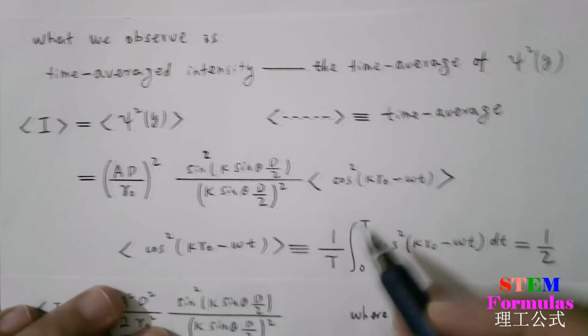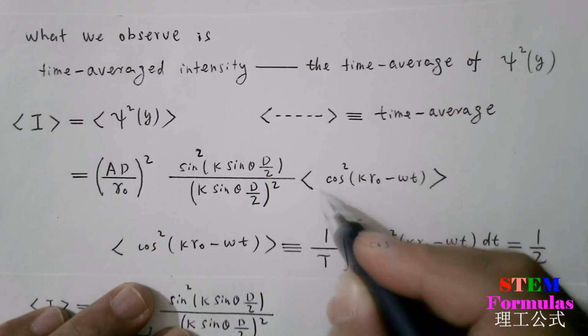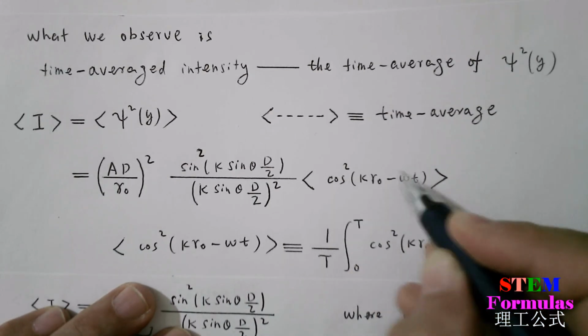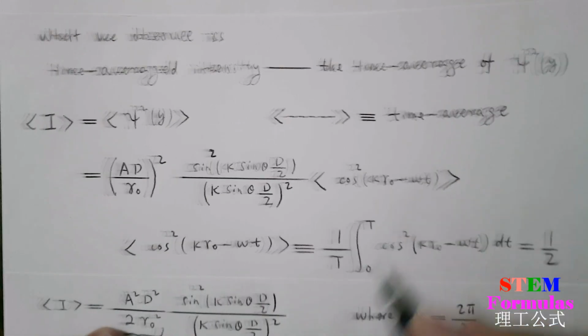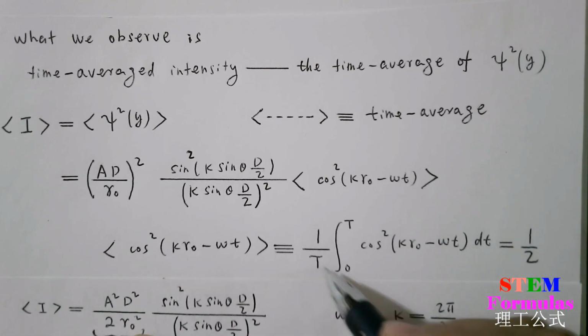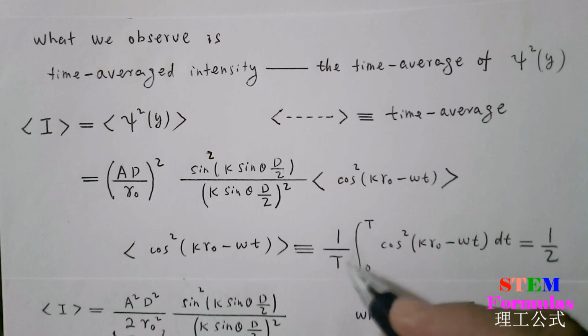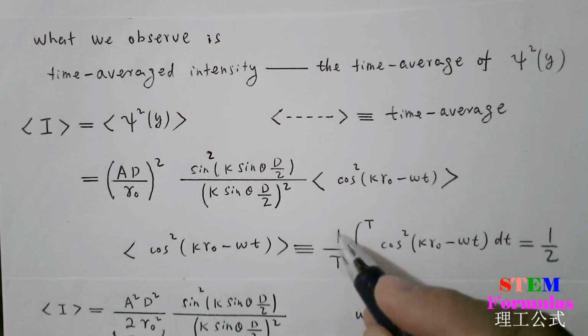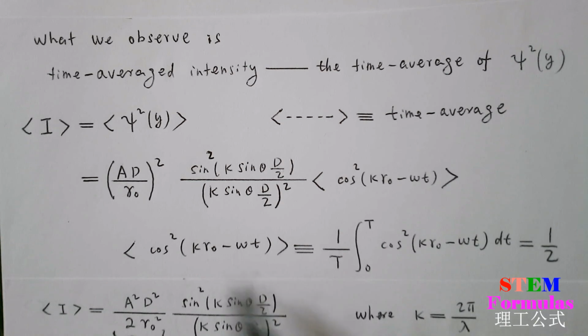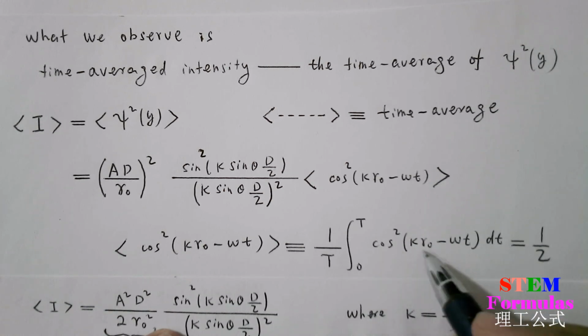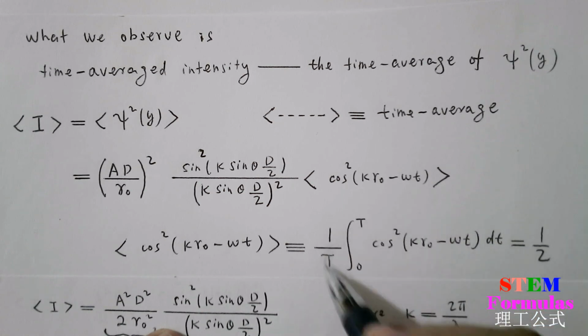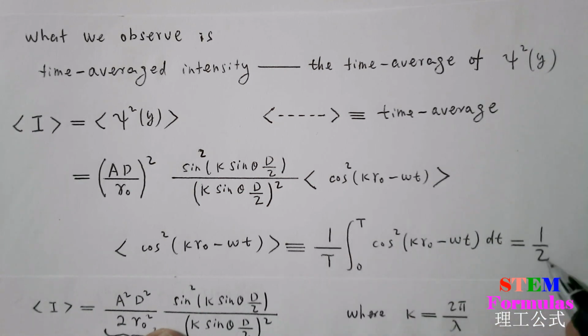Only this cosine squared term has time t, so we average only it. Any quantity's time average is defined as the integral from 0 to T divided by the period. When you integrate cosine squared of k r0 minus omega t, you get 1 divided by 2.